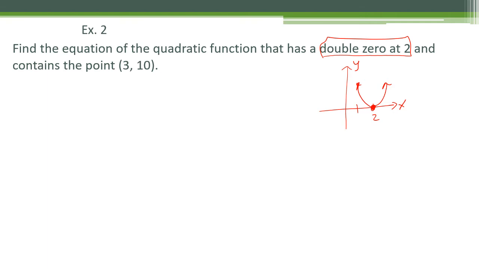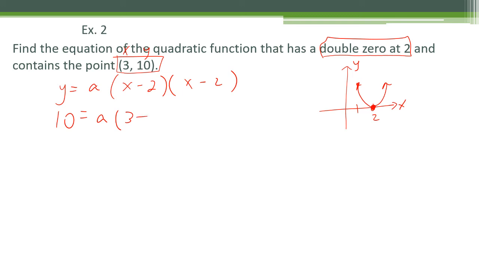So there's a couple ways you can tackle this, but I'll stick with starting with factored form. y equals, I'll save you from writing x minus r, x minus s. It would just be x minus 2. And the other zero is the exact same thing. It's a double root or double zero. They're the exact same thing. From there, it's pretty easy. What we've been doing so far, there's your x, there's your y. 10 equals a(3 minus 2)(3 minus 2).